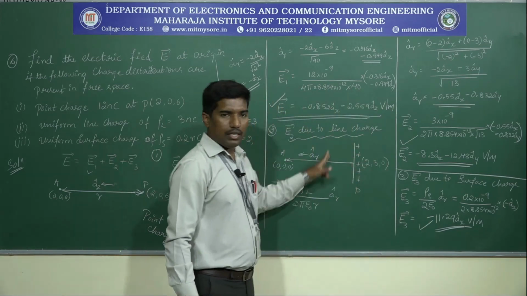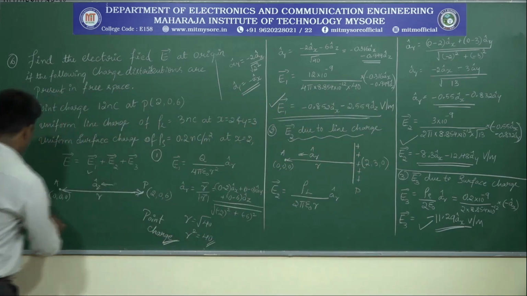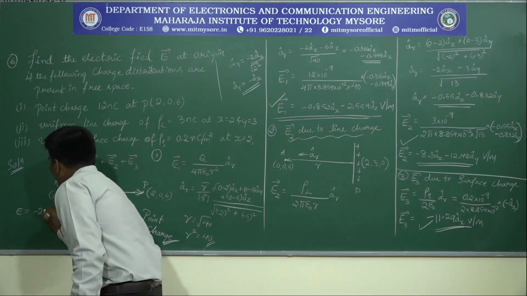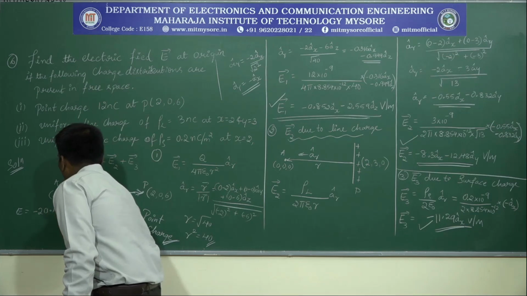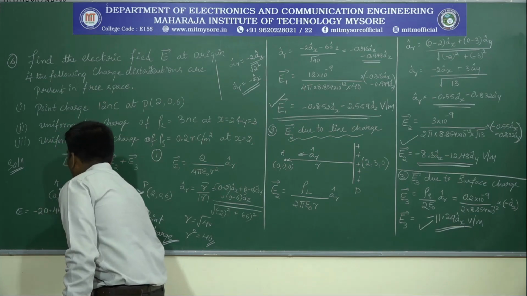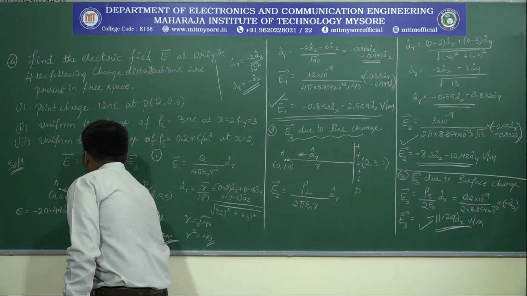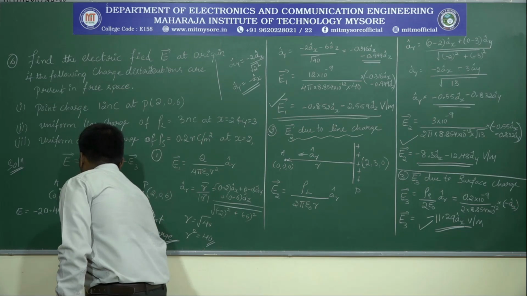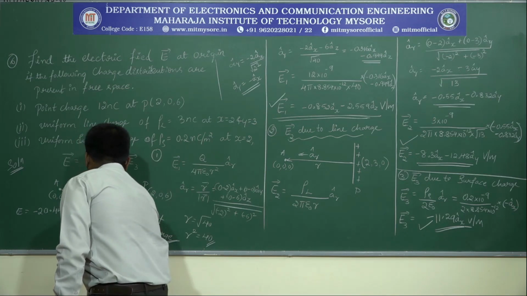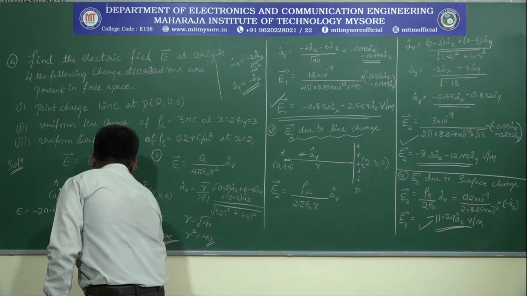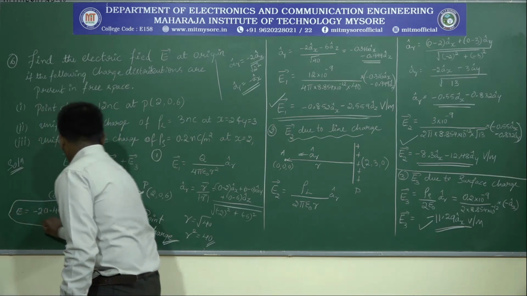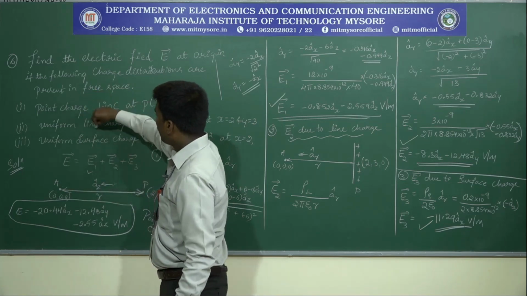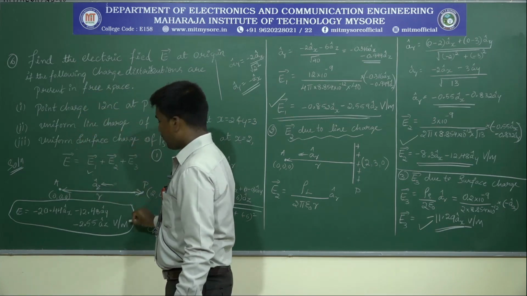After summing all the three quantities, what you are going to get is E is equal to minus 20.44 a cap x minus 12.48 a cap y minus 2.55 a cap z volt per meter. This is the overall electric field intensity at origin due to point, uniform line charge and uniform surface charge.